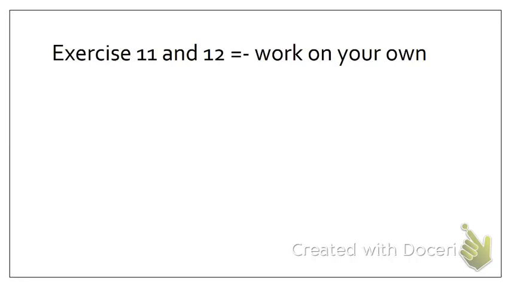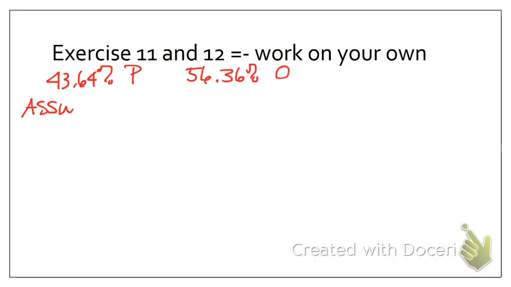And it's giving you a percentage of phosphorus and oxygen. So it tells us we have 43.64% phosphorus and 56.36% oxygen. So assume 100 grams. And when we assume 100 grams, those percentages become our masses, right? Right, Adam? Okay.